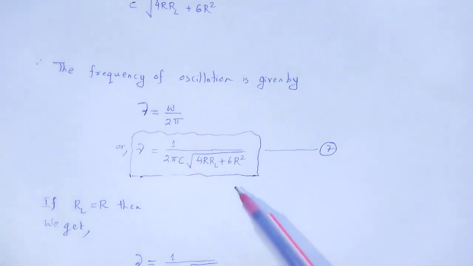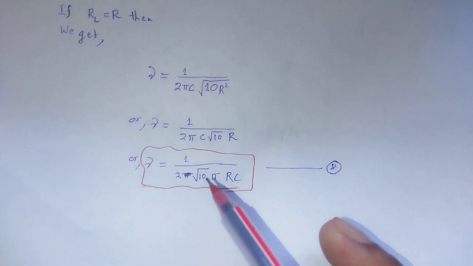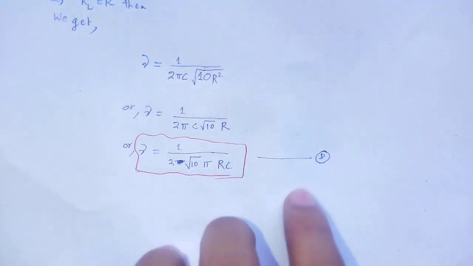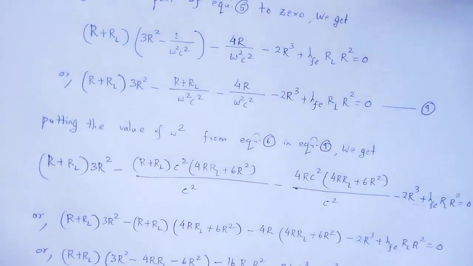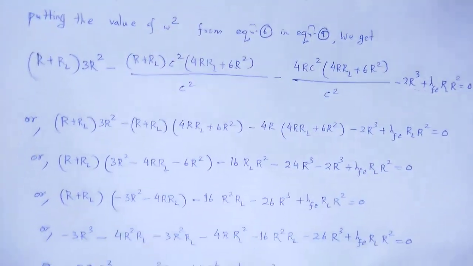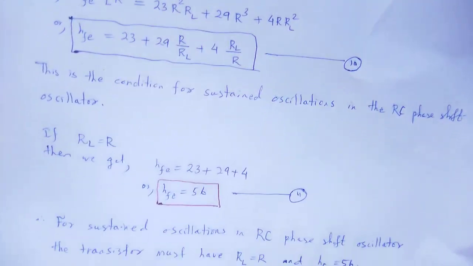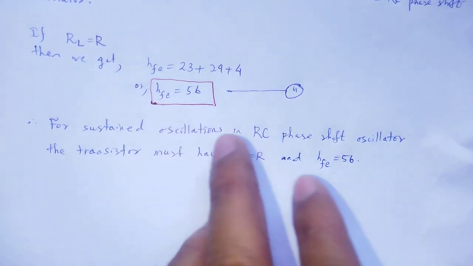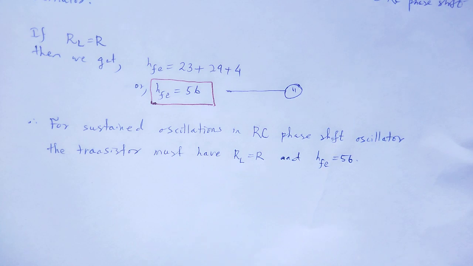We obtain the expression for frequency for sustained oscillation. Next, equating the real part, we obtain the condition for sustained oscillation as hFE is equal to 56.